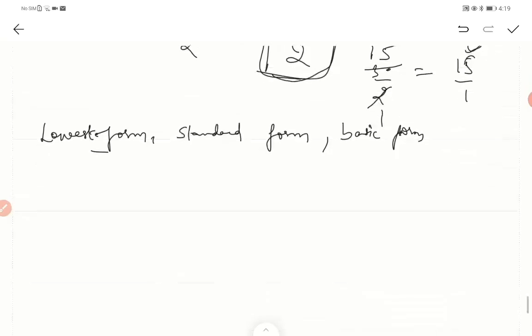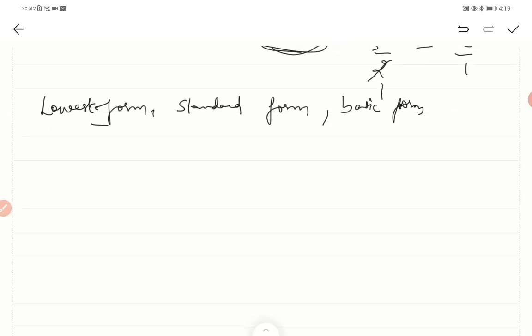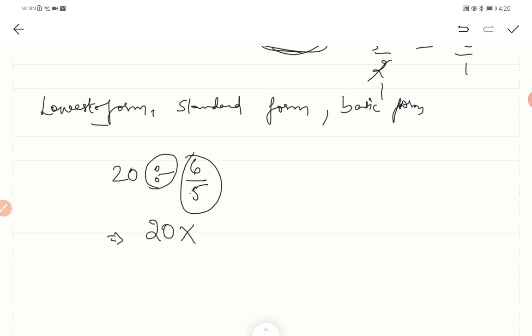Let me take a few more examples on division. It's very simple. If you have to divide a whole number like 20 divided by 6 by 5, suppose, I will convert this into multiplication: 20 into the reverse of this, which is 5 by 6.